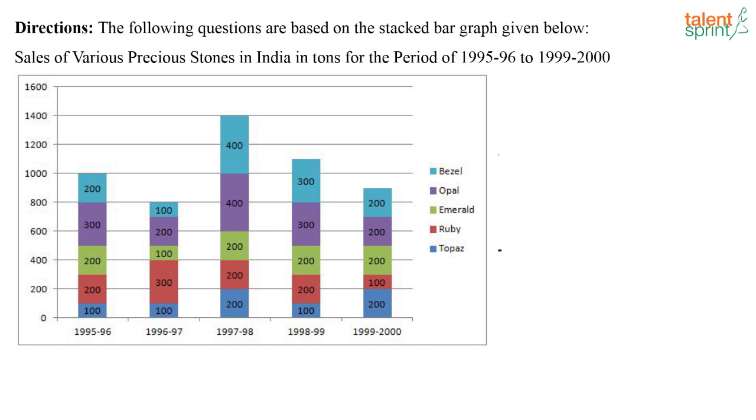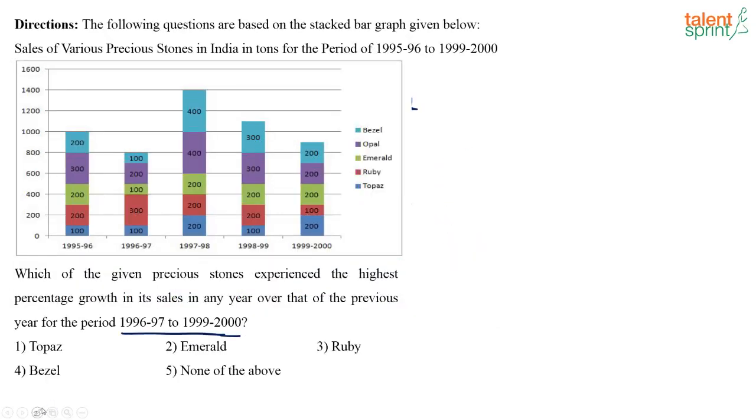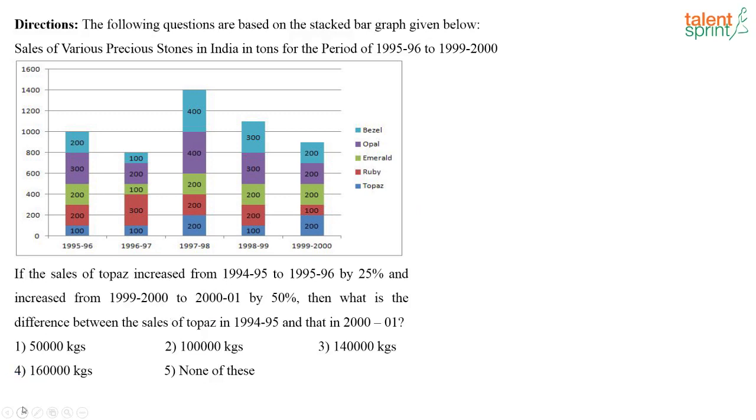So what is your answer? Your answer is going to be bezel. That is showing the highest growth in sales in any one year over the given period, right? So what will be your answer? Your answer will be bezel from 96-97 to 99-2000. Clear?